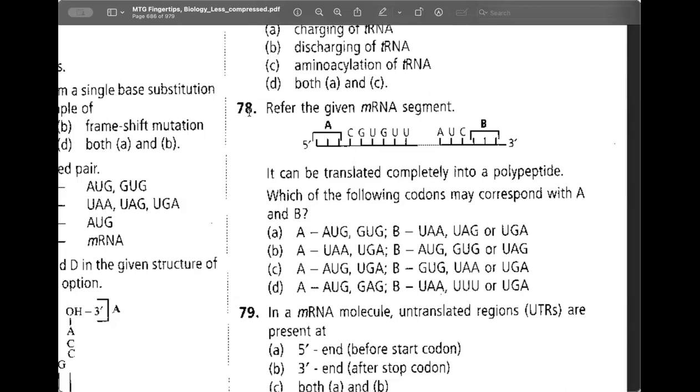AUG is the initiator, and terminator is UAA, UAG, UGA.